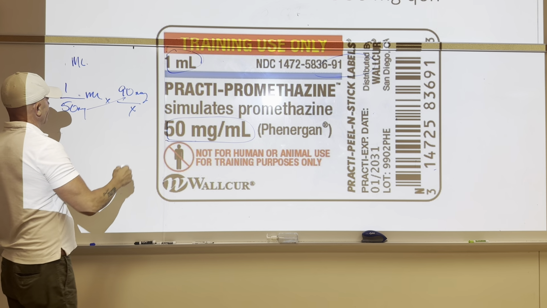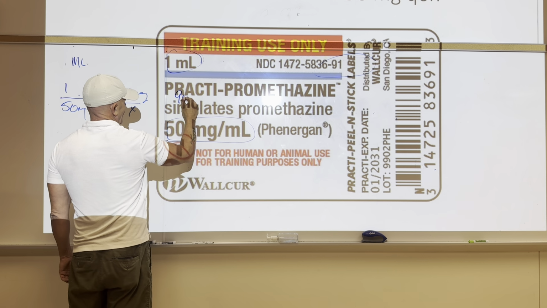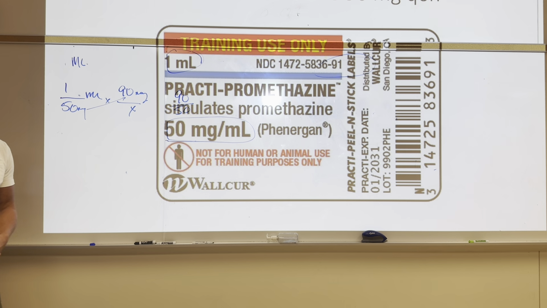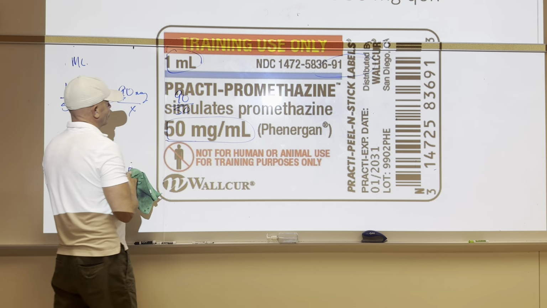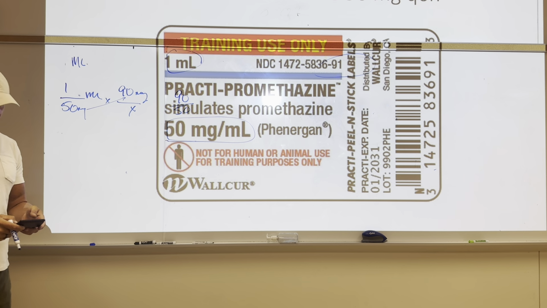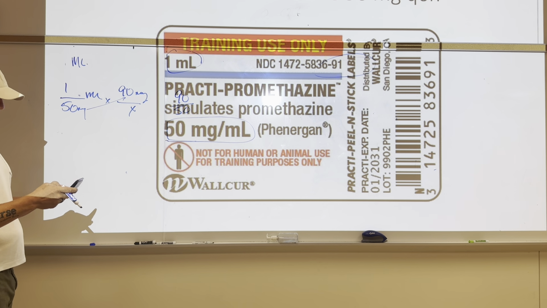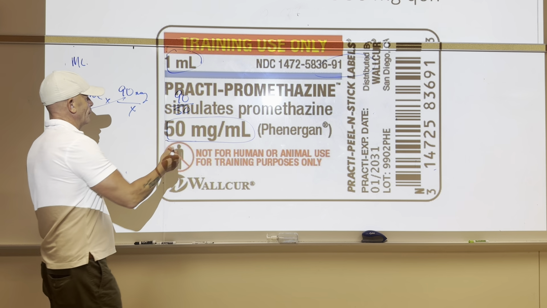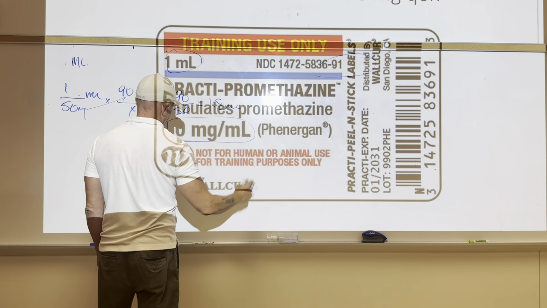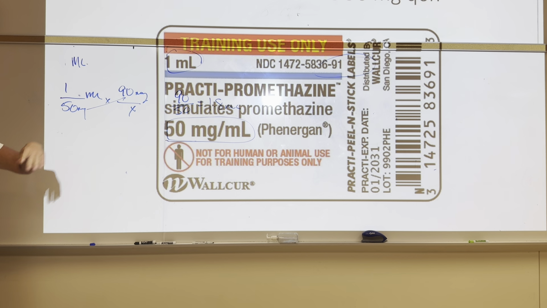So, 1 times 90 is 90 over 50, and what do you get? 1.8 mLs. Now see, I just did that in my head. Okay? So your 1.8 mLs is your dose every 6 hours.